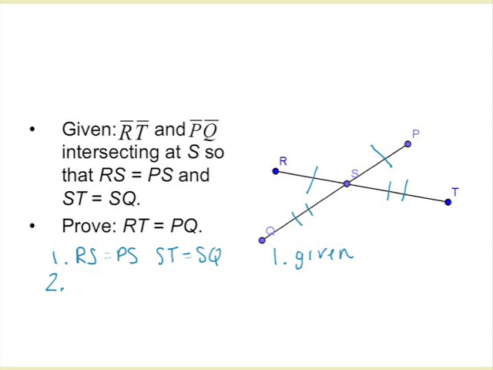So I'm going to take the left sides and add them together, so say RS plus ST, and I'm going to take the right sides and add them together and say that's equal to PS plus SQ. So adding together the lefts and adding together the rights. And the reason we can do that is the addition property of equality.